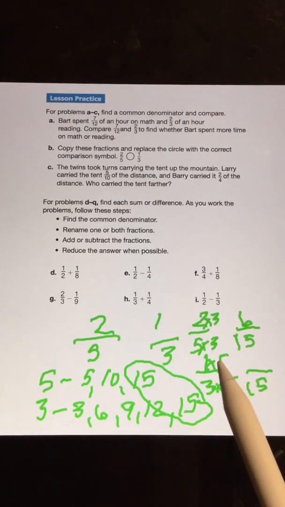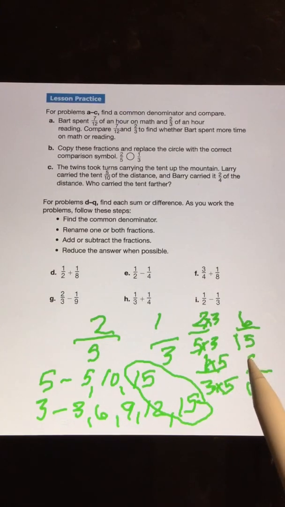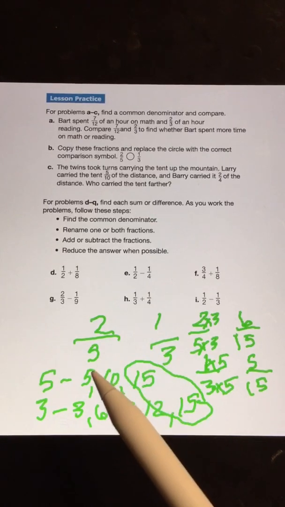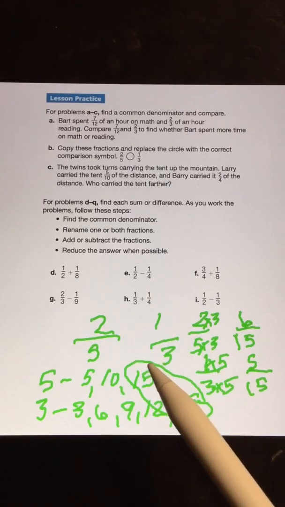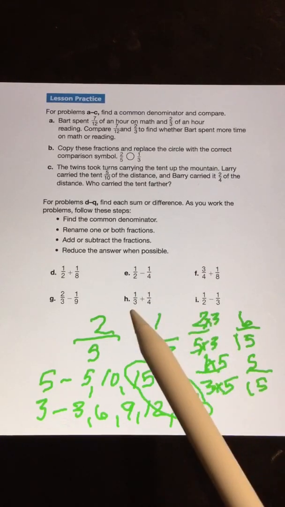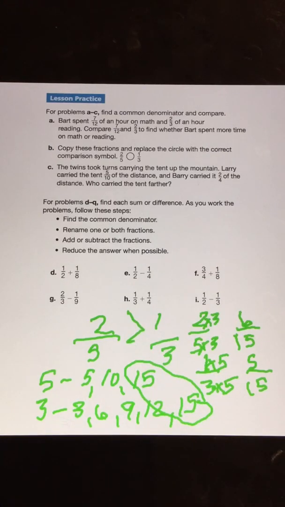Multiply both of these times 5. 1 times 5 is 5. So when I'm comparing 2/5 and 1/3, I know that my 2/5 is larger, because 6 is greater than 5.